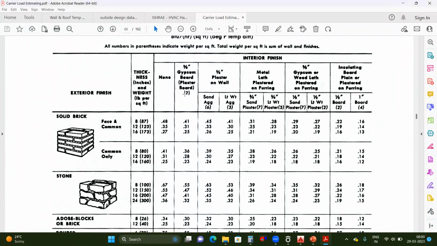If we have gypsum board on that wall, we can take these values. If you have sand aggregate plastering or lightweight aggregate plastering on the wall, we can take these values. Metal lath plastered, gypsum, insulating board: these are the types of material applied on the wall, so we can take these values.